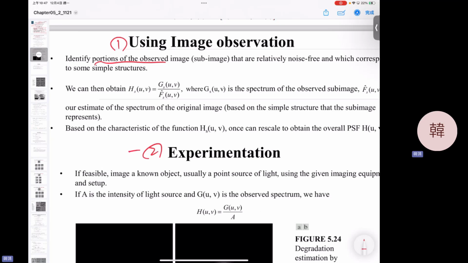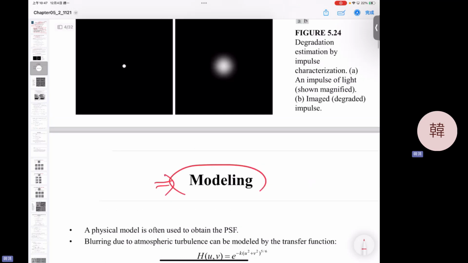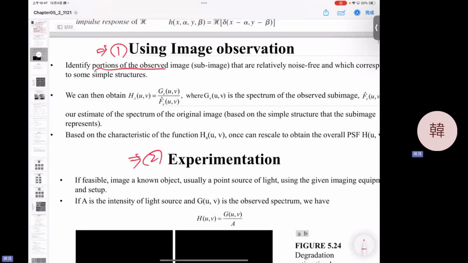So one is to observe and estimate, and the second is the experiment. The third one is modeling. You know the basic model of this kind of environment from mathematics. They publish a model, you just use it and modify some parameters to adapt your degradation model.